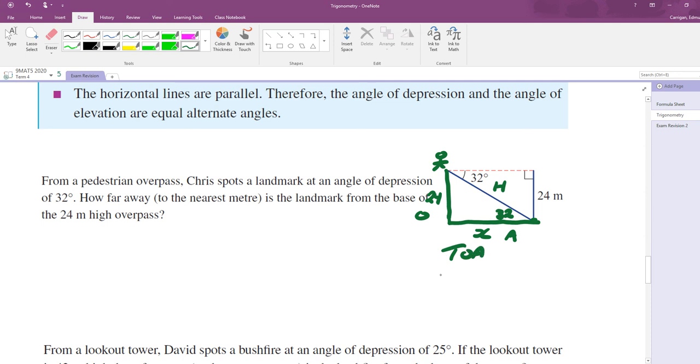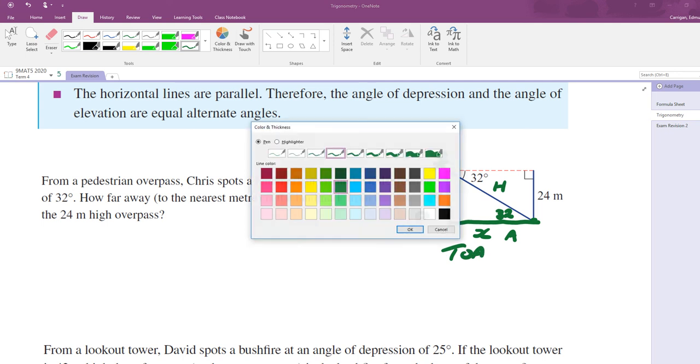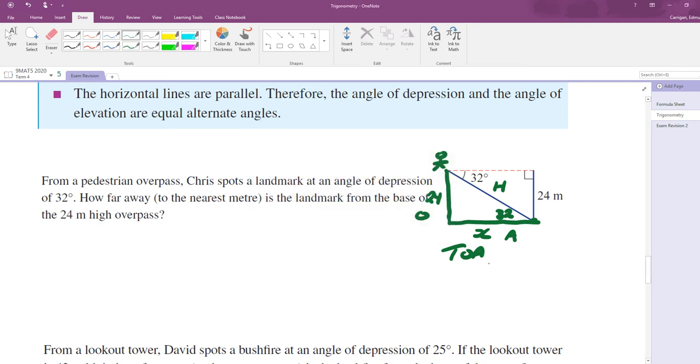So we've got tan theta equals O on A. When we substitute in, tan 32 is equal to 24 on X.